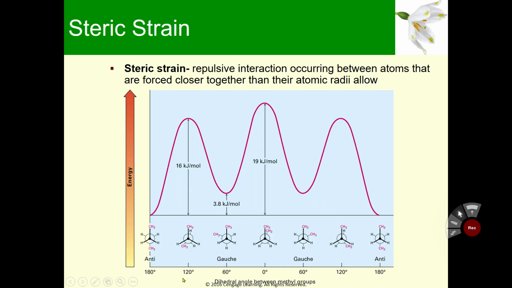Now, let's try to think about the static strain. And here, static strain means the repulsive interaction occurring between atoms that are forced closer together than their atomic radii. So this is anti.